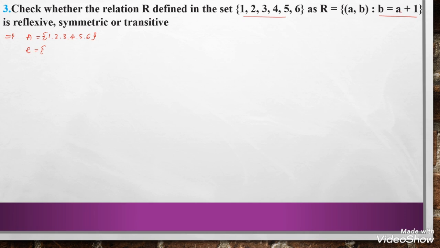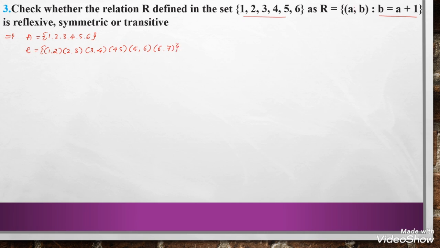I will take A is equal to 1, then B value is 1 plus 1, it is 2. Similarly for 2, B value is 3. 3 comma 4, 4 comma 5, 5 comma 6, then 6 comma 7. These are the ordered pairs of the given relation.